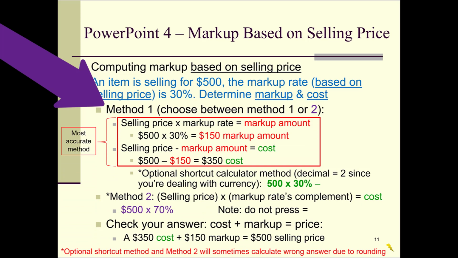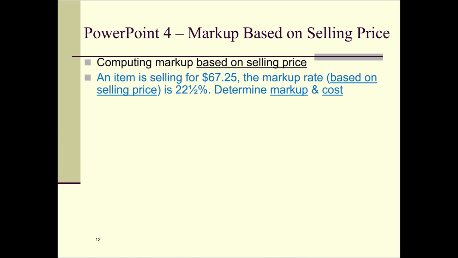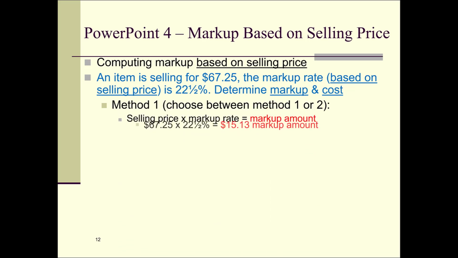Let's do another one. An item is selling for $67.25. The markup rate, which is based on the selling price, is 22.5%. Determine the markup and the cost. So let's do the markup. 67.25 times 22.5% gives us a $15.13 markup amount.